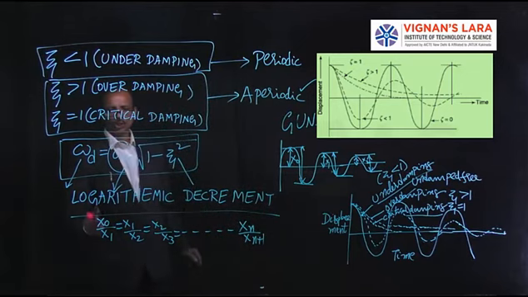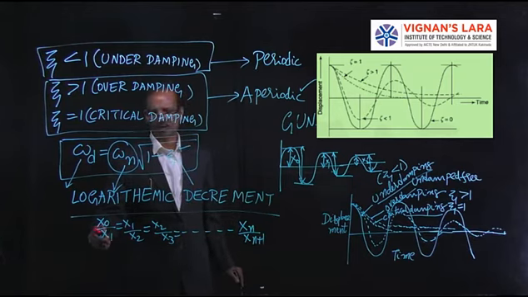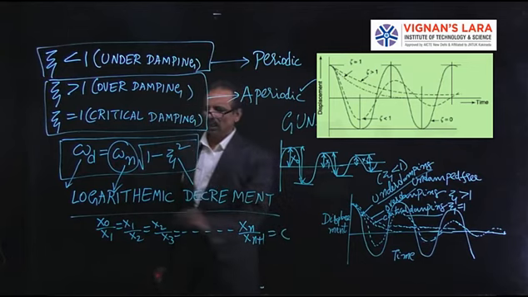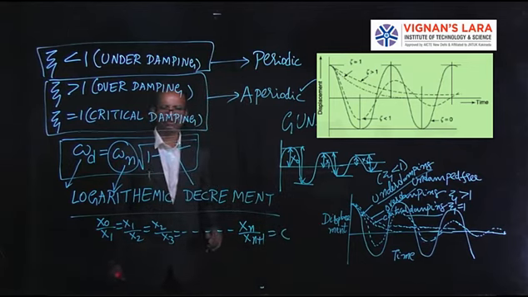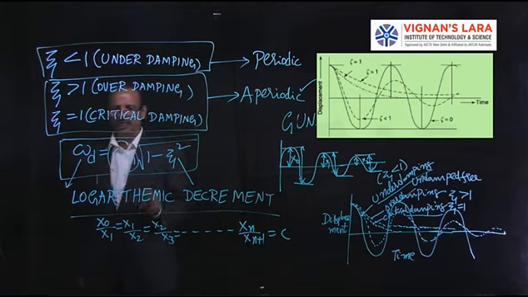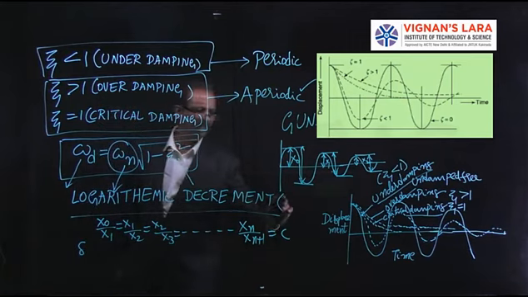So the ratio of the successive amplitudes of a damped vibration gives you a constant. Then we define a term called delta, which is the logarithmic decrement.